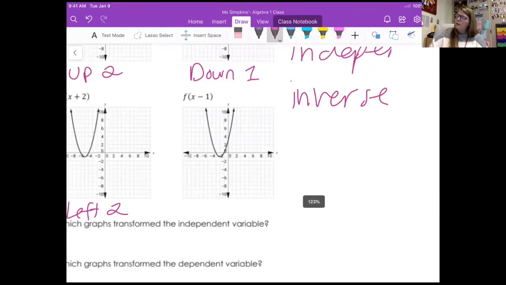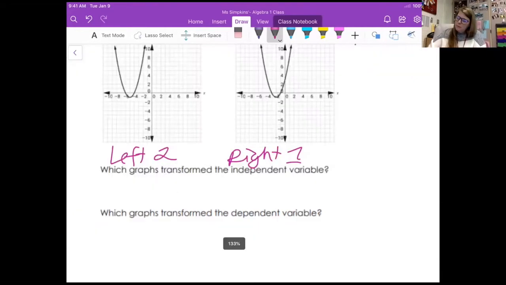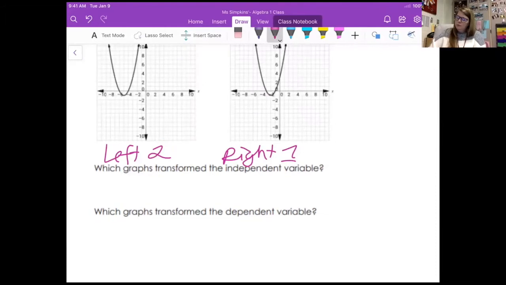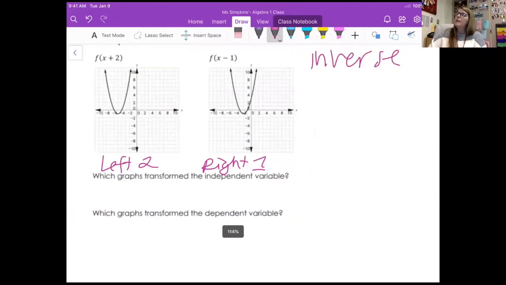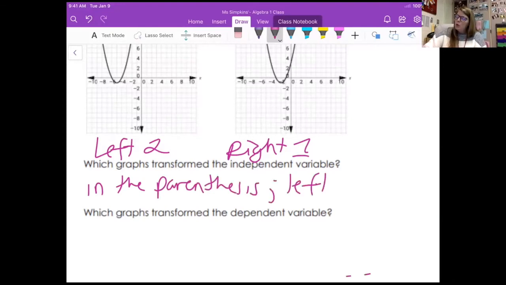What about if we were subtracting 1 inside the parentheses? What direction do you think that would go? Right, specifically right by 1. So remember, independent is in the parentheses, and that's going to move your graph left or right.